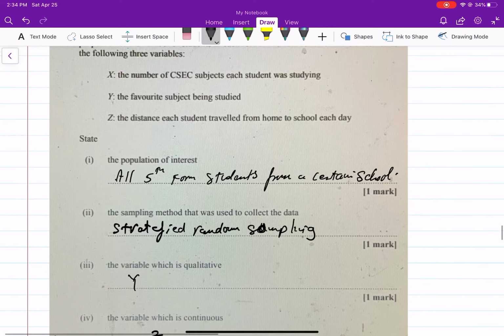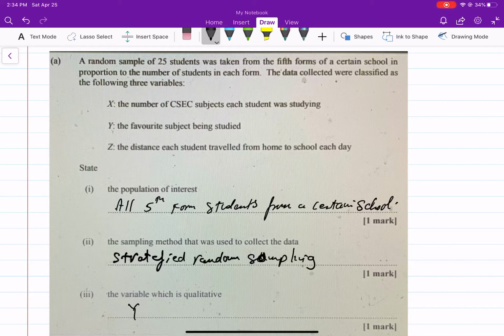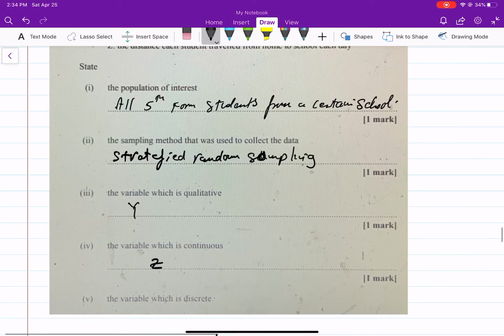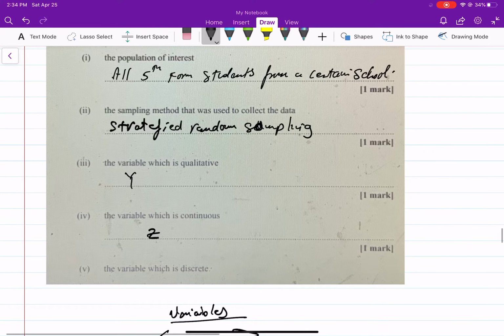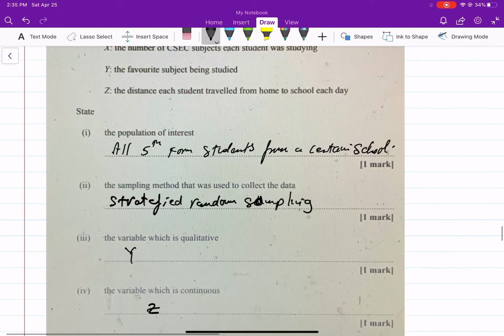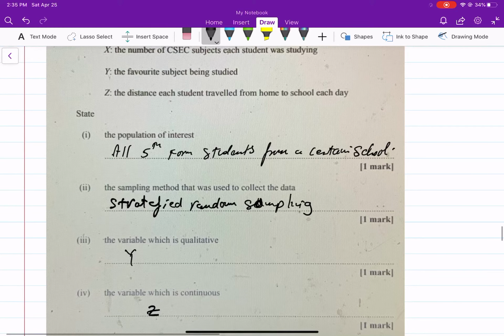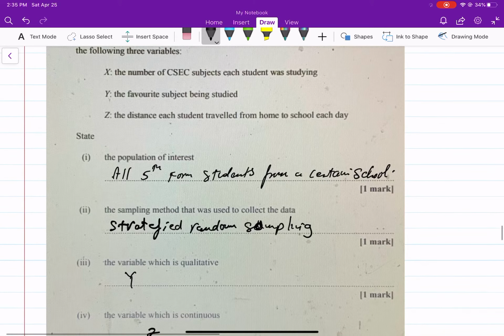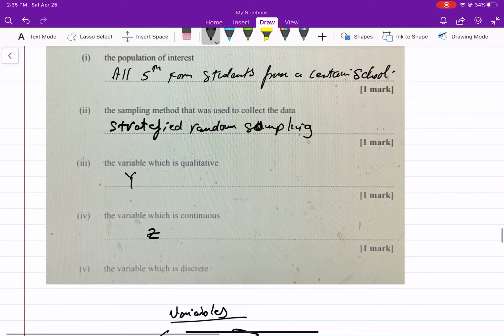And the variable which is discrete is the one you can use a whole number to represent: the number of C6 subjects each student was studying. You're either studying 10 subjects or 12 subjects or 15 subjects, a whole number. You can't study 12 and a half subjects. I don't want to see one of y'all do that. So the number of C6 subjects studied, that would be X.